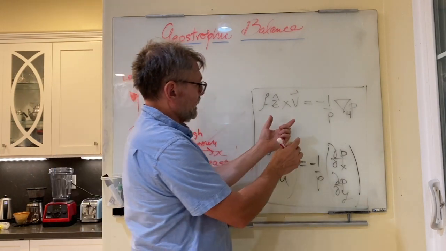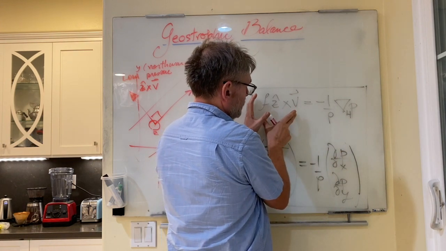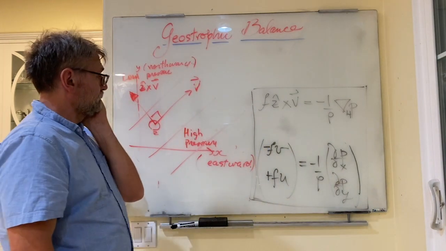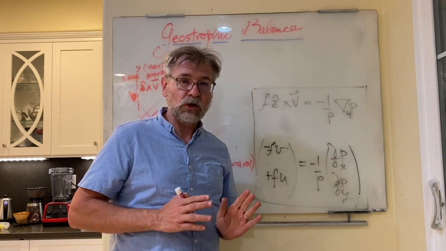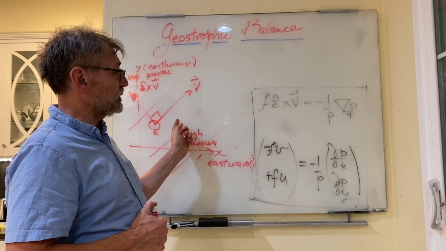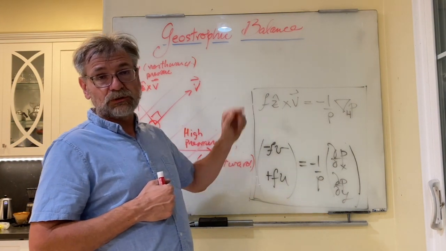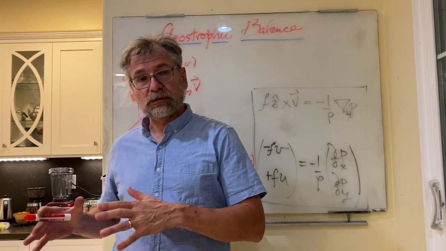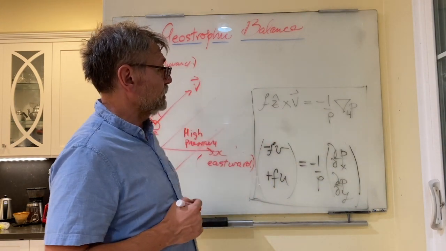So in other words, if I write all these forces on the same side, this Coriolis acceleration plus 1 over rho grad p is equal to 0. So that's the geostrophic balance. The current goes along lines of constant pressure such that the high pressure is to the right, at least in the northern hemisphere. If I go to the southern hemisphere, then f, which is 2 omega sine of the latitude, becomes negative, and then it will be the high pressure to the left of the direction of the current.